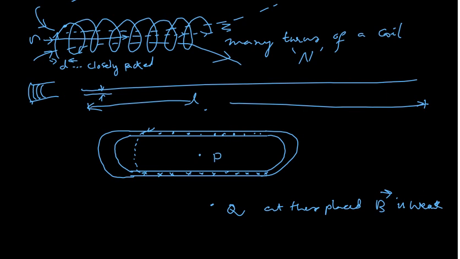As we know, we said this is the current direction. That means the fingers are facing us, coming out of the page, and that's why the magnetic field will be along this. This is the magnetic field direction, everywhere parallel to the axis.